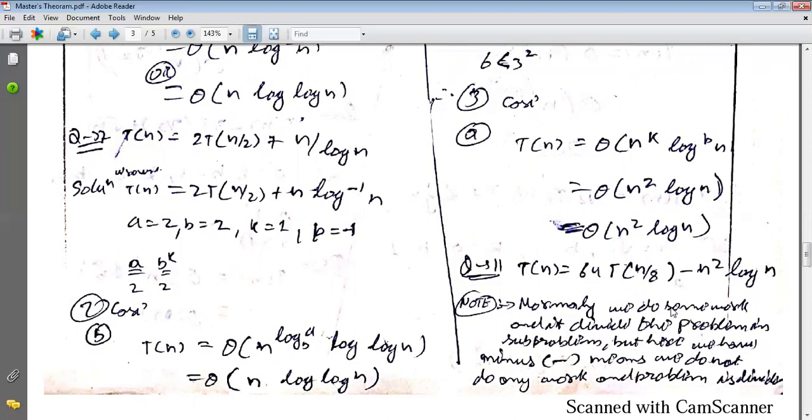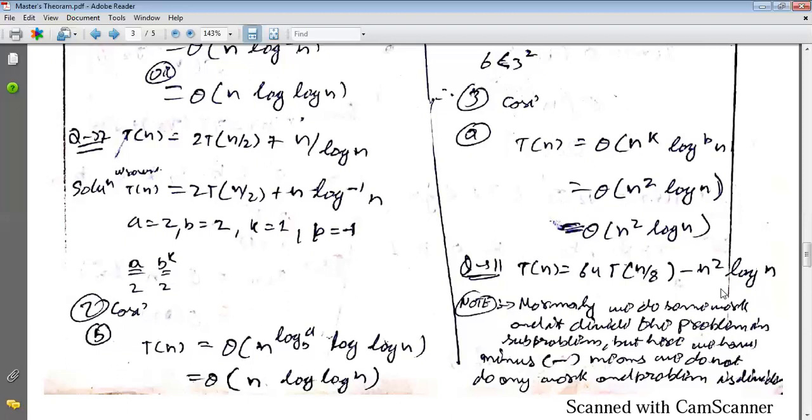But if you look carefully at our equation, a T(n/b) is joined with the second term by a plus sign, and here we have a minus sign. So can we solve this with Master's theorem? No, we cannot solve this particular question with Master's theorem.